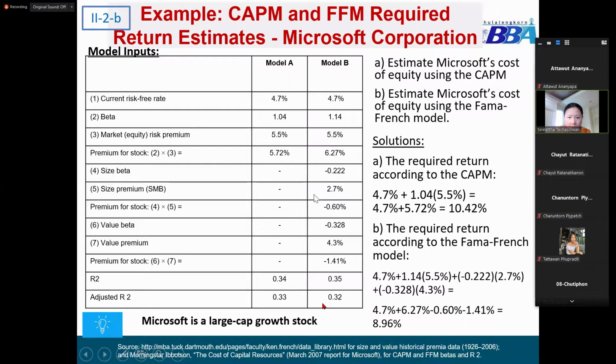Okay, I want you to notice that with a different model, the beta for market risk premium differs. This is the market beta, which between the two models is not the same number, since model B integrates more factors into the regression model.